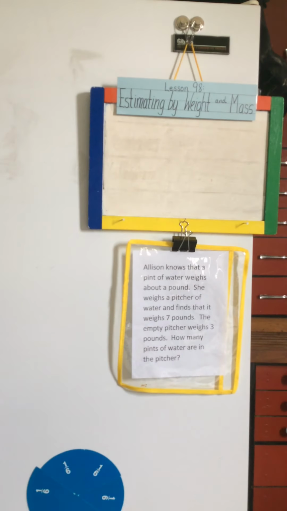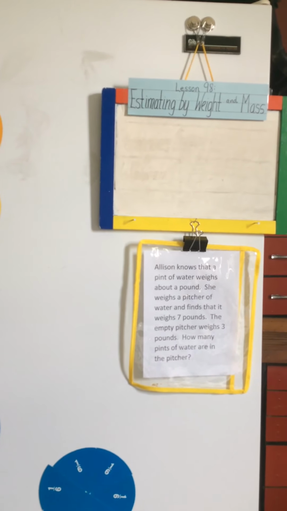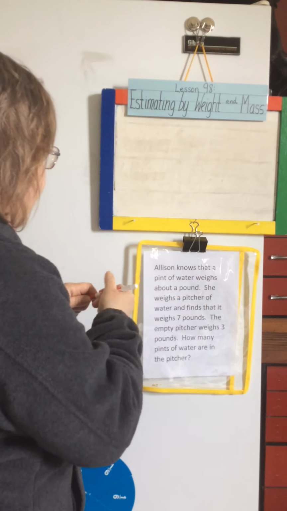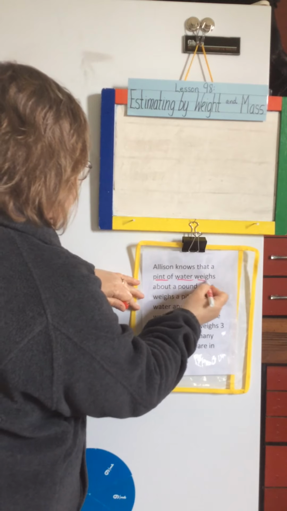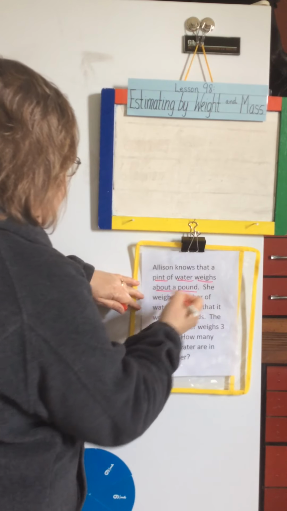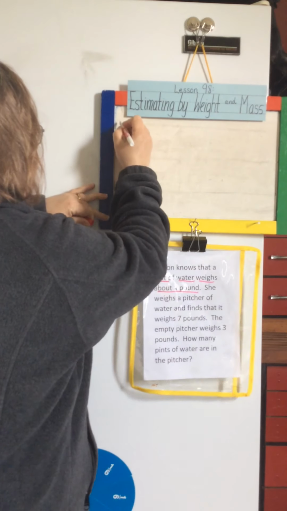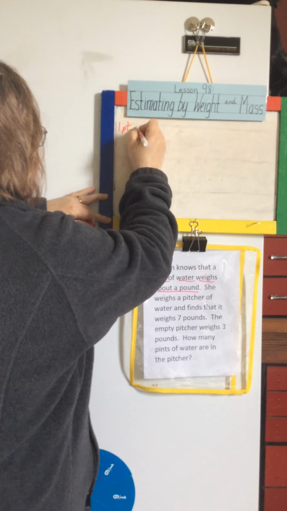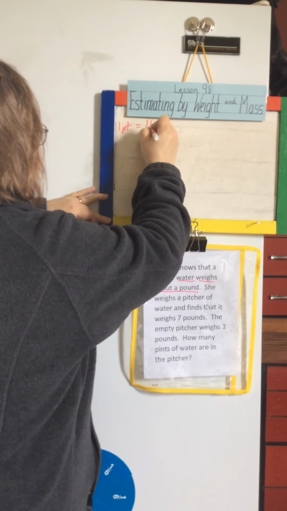So let's get our marker, and it says, Allison knows that 1 pint of water weighs about a pound. So let's just put that down here first. 1 pint equals about 1 pound.